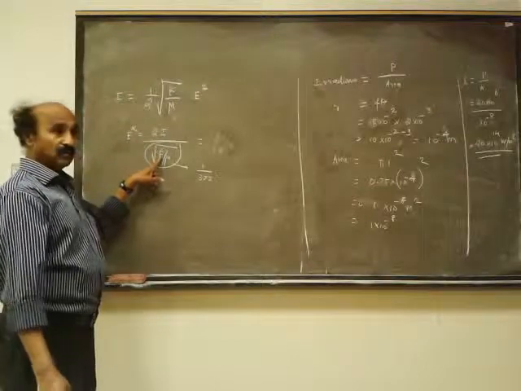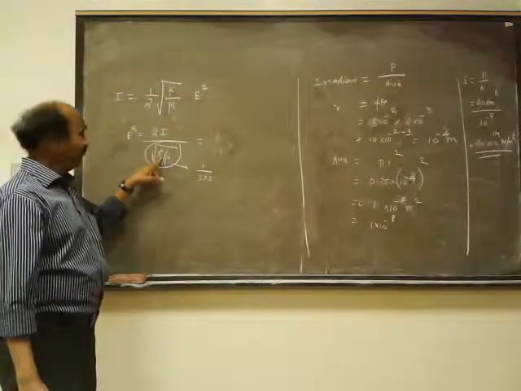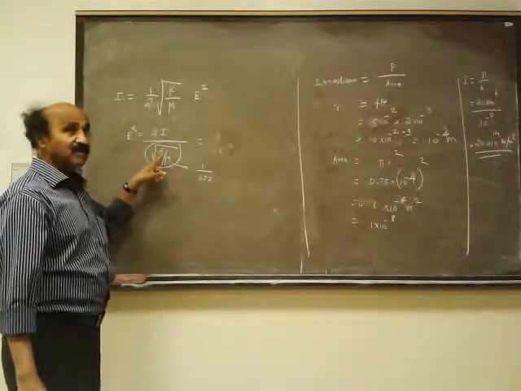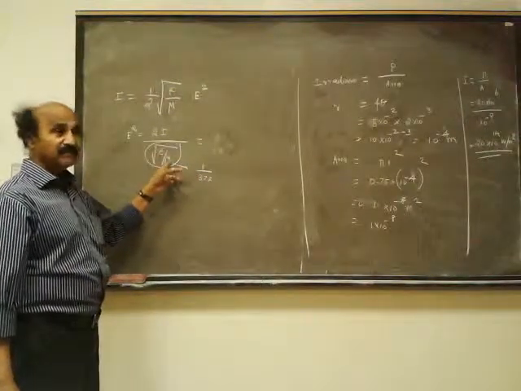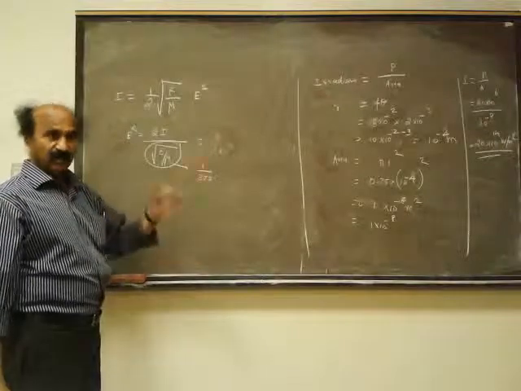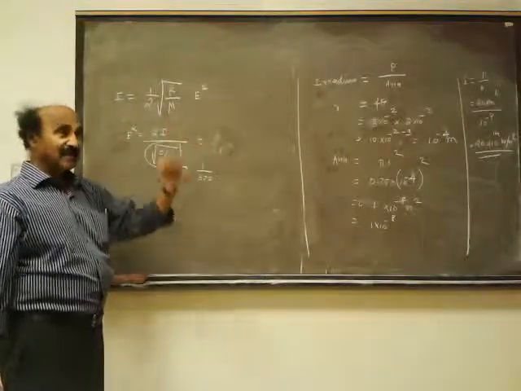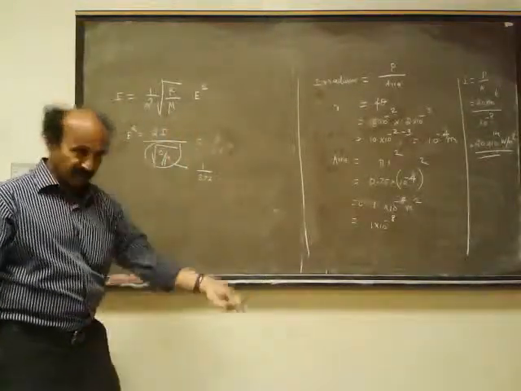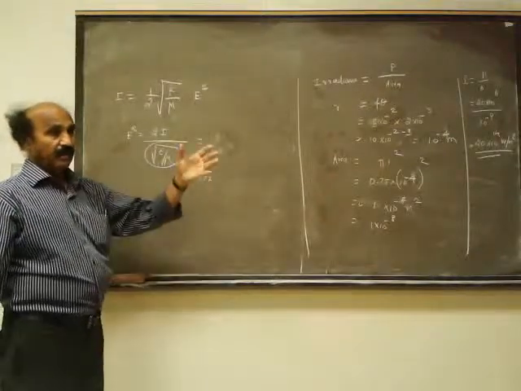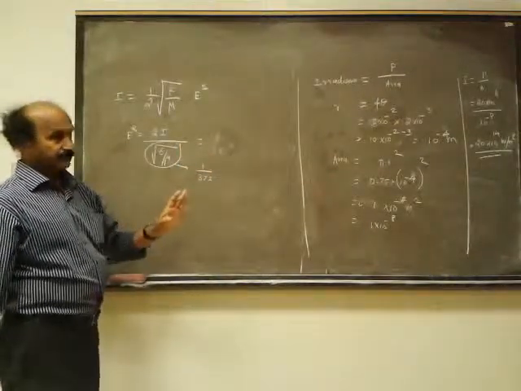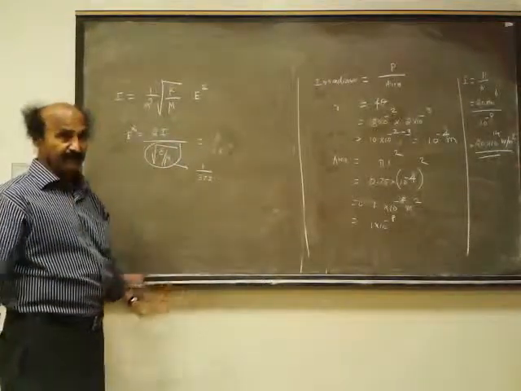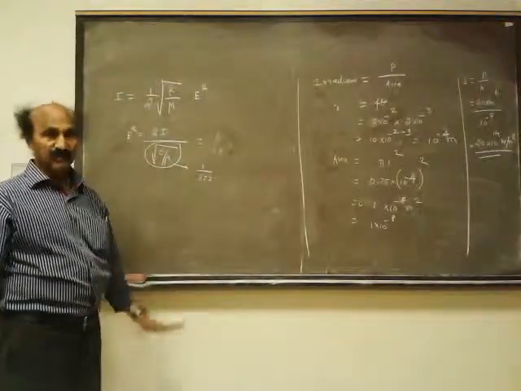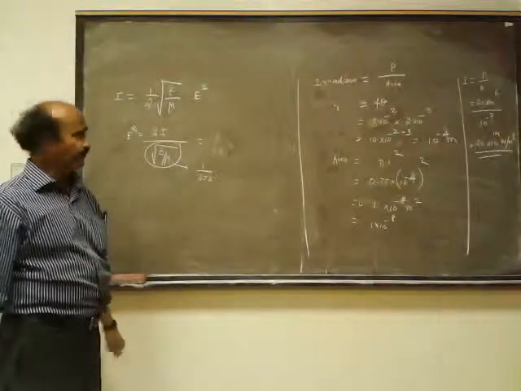This gives the free space dielectric constant, called permittivity, and this is permeability. One is an electrical constant, the other a magnetic constant. It's a standard value for free space or for air, a standard number.